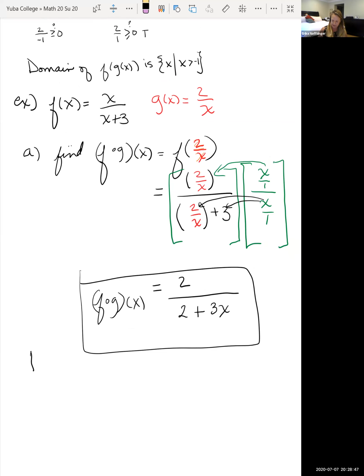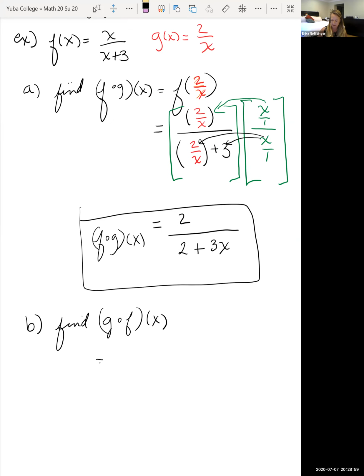What if it said find g of f of x? So this time you're plugging your equation f of x into g. And f of x is x all over x plus 3. So we're going to go into our equation g of x, and wherever we see an x, let's put parentheses there.